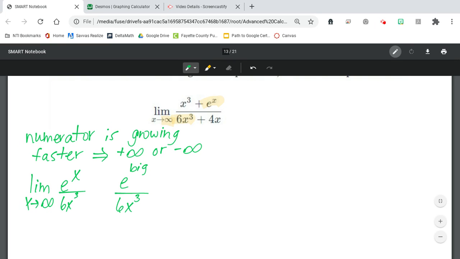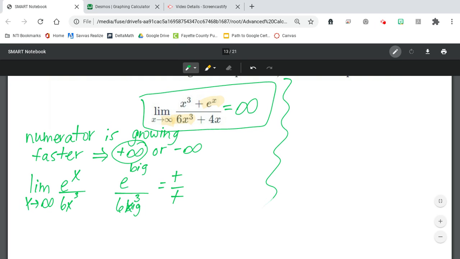And I only have to figure out if I need a positive infinity or negative infinity. Well, e to a really big number is positive. Oh, I should have written big here. E times a big number cubed is also positive, and a positive divided by a positive is positive. So I'll say that this limit as x approaches infinity of x cubed plus e to the x over 6x cubed plus 4x is positive infinity.